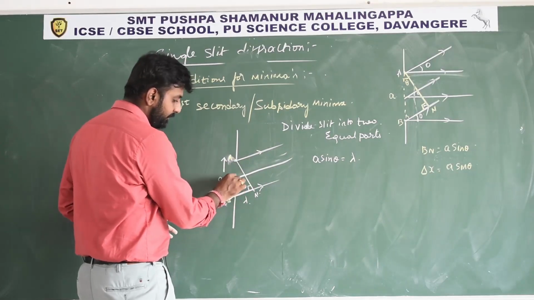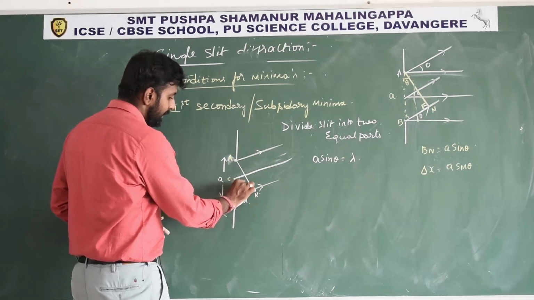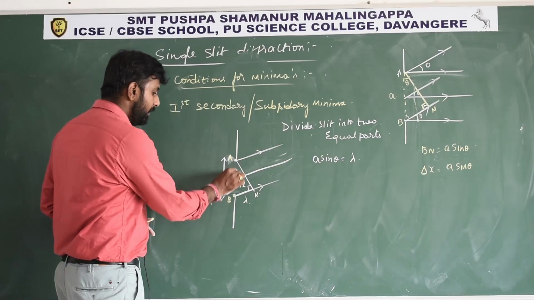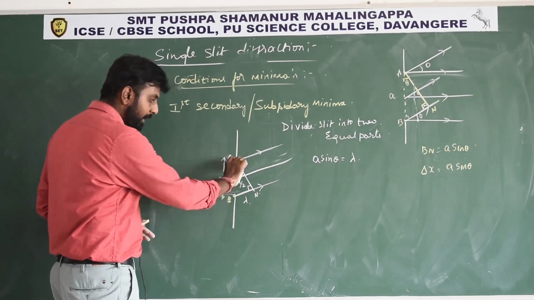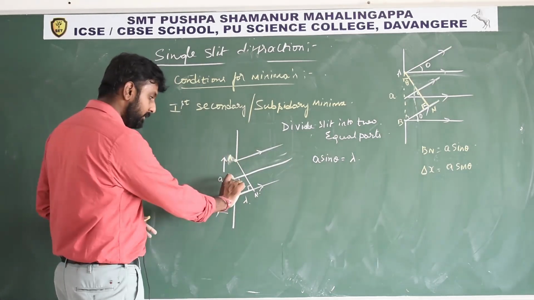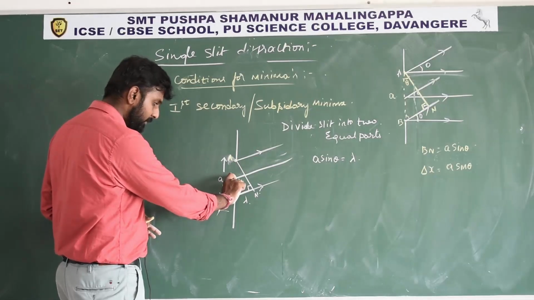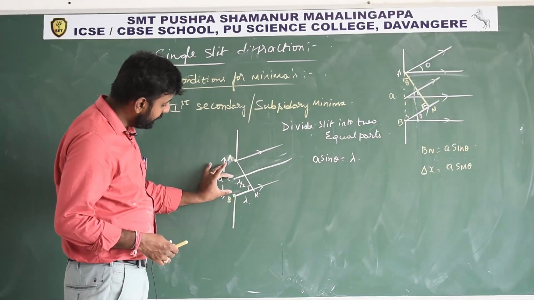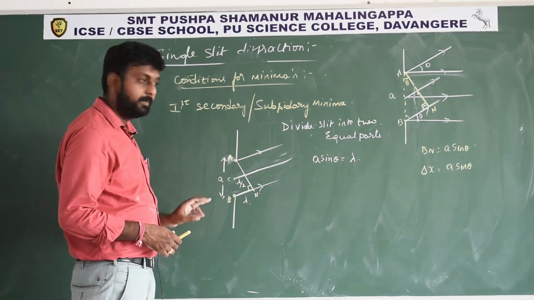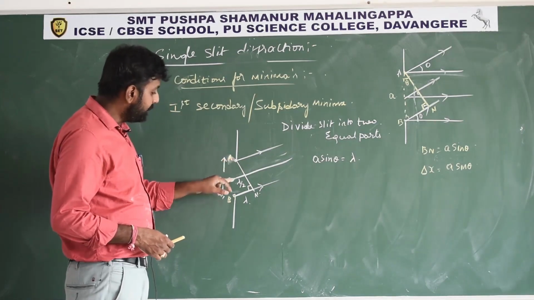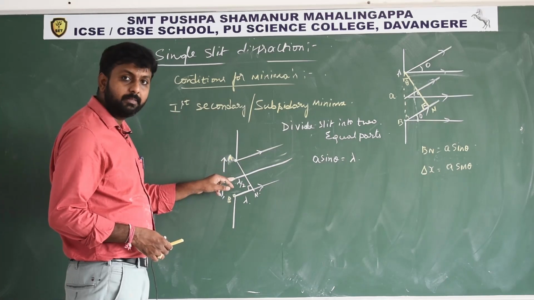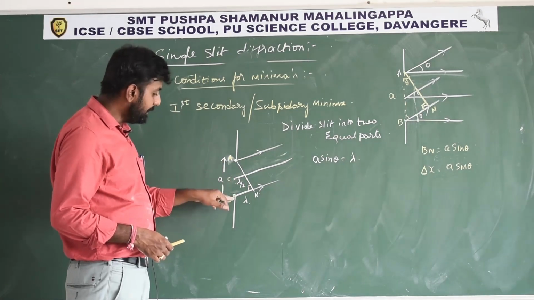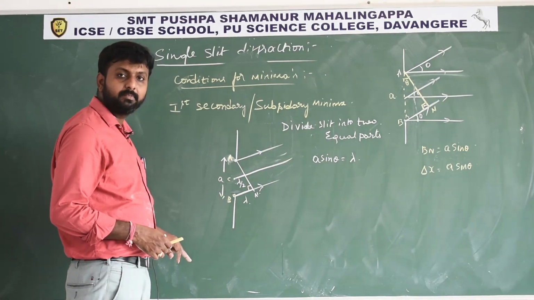Then this path difference will become lambda by 2. That means this is the upper half and this is the lower half. Between point A and point C, what is the path difference? Lambda by 2.